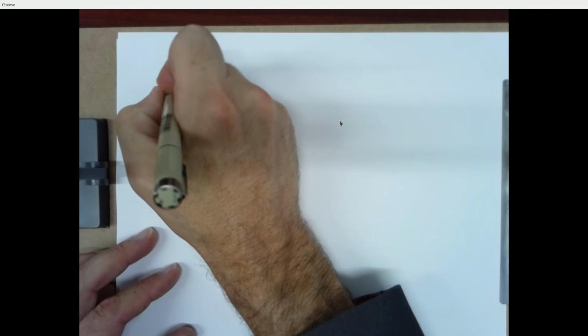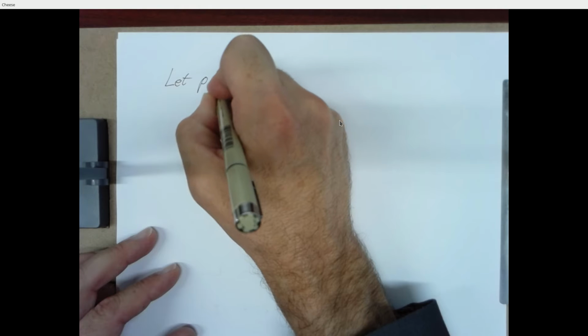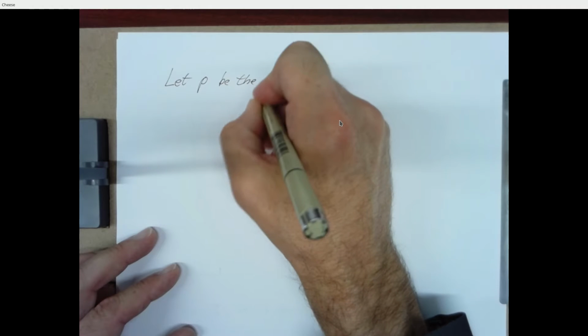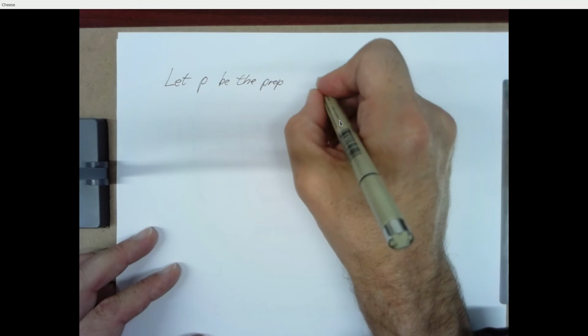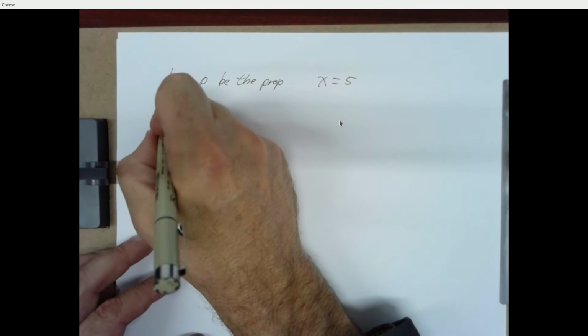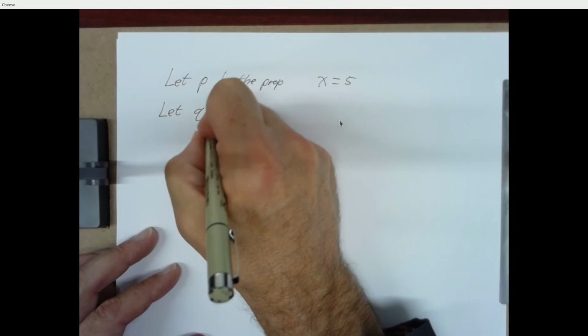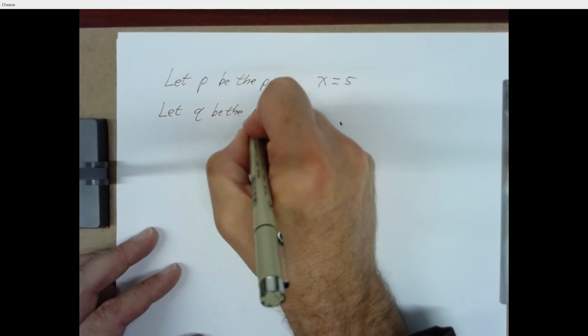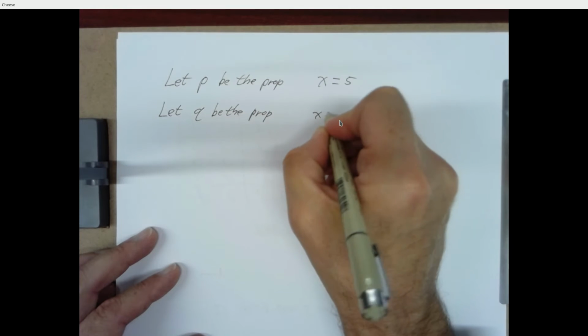So let's try this. Let P be the proposition x equals 5. Let Q be the proposition x is bigger than 0.